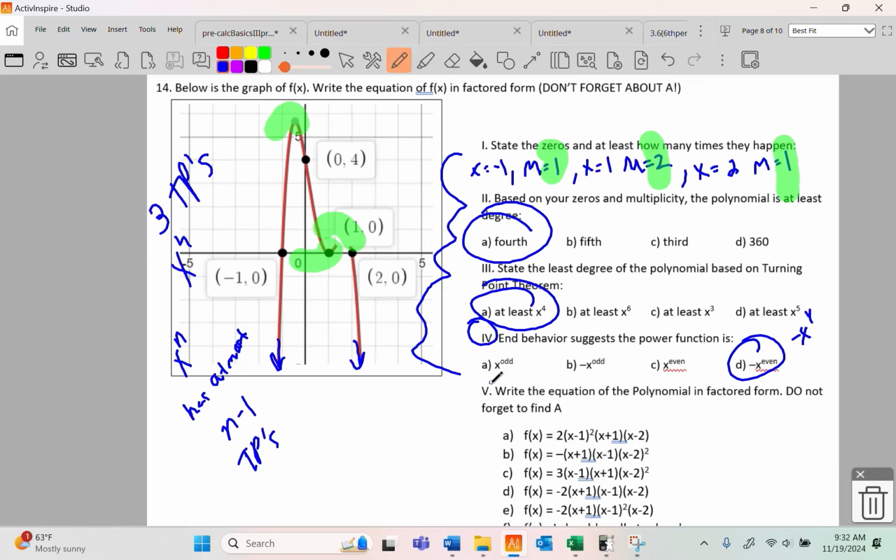Now, there's some stuff in here that helps me. Negative. See the negative? I can't be this guy. It ain't happening. Is there anything else that helps me? X to the 4th. See the 4? The exponents here are 1, 1, and 1. So 1 plus 1 plus 1, last I checked, was 3. I can't be this guy.